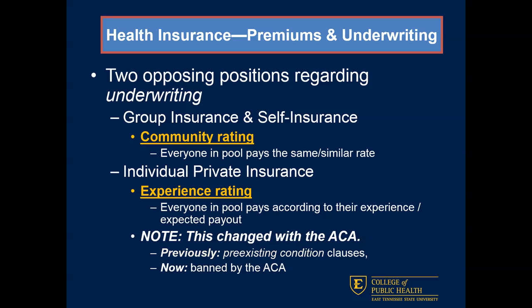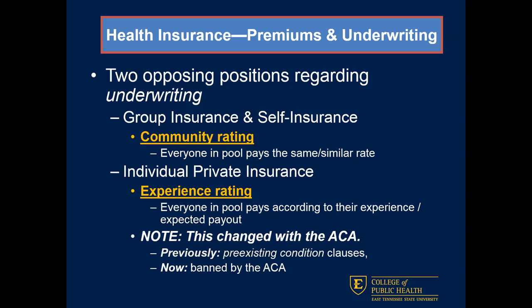Now, under the Affordable Care Act, things have changed a little. You cannot deny coverage any longer for pre-existing conditions. Many insurance companies had pre-existing condition clauses in their insurance policies, and that's pretty much banned under the Affordable Care Act now.